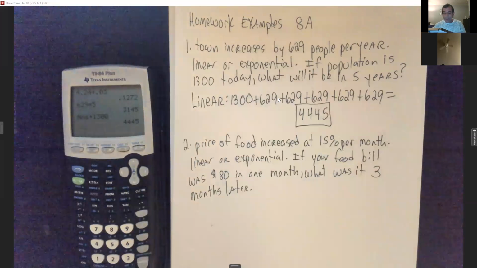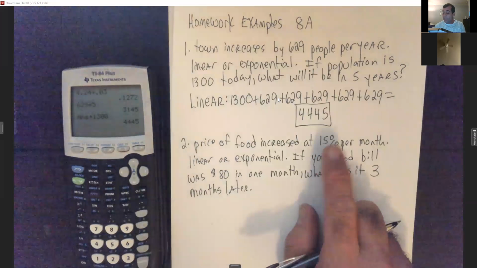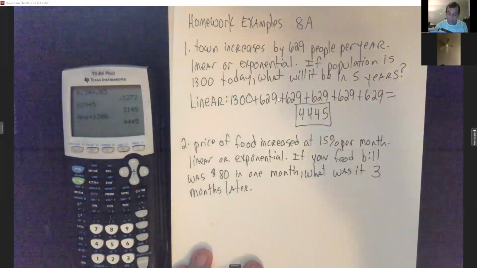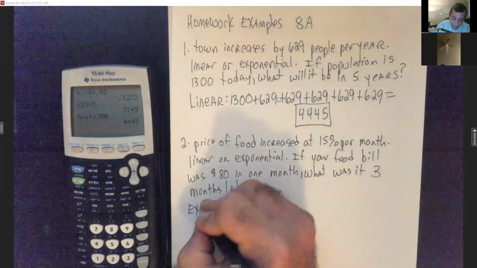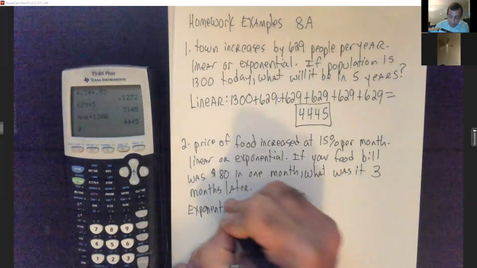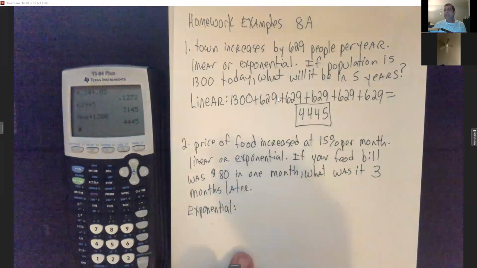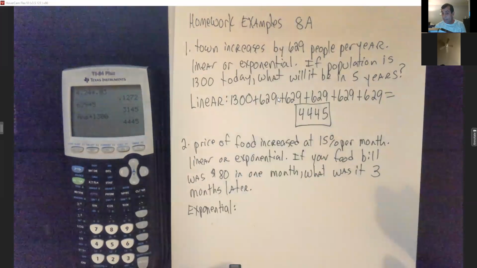So remember, we're starting to talk about percentages again, and anytime I talk about percentages, I've got exponential growth. So this one is definitely going to be exponential, which means from each month, it's not going to increase at the same rate, but it will at the same percentage.